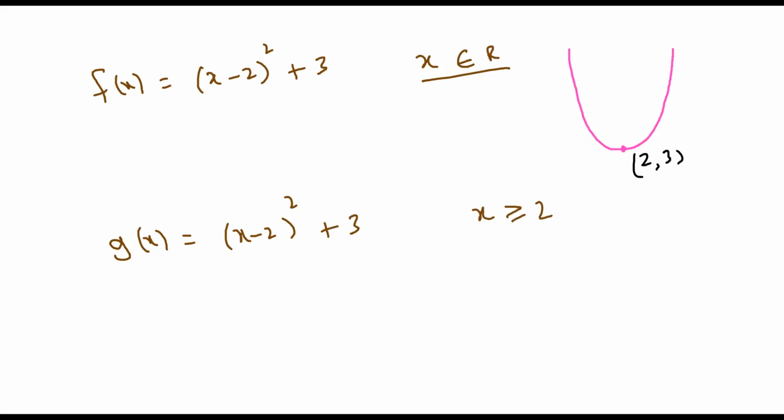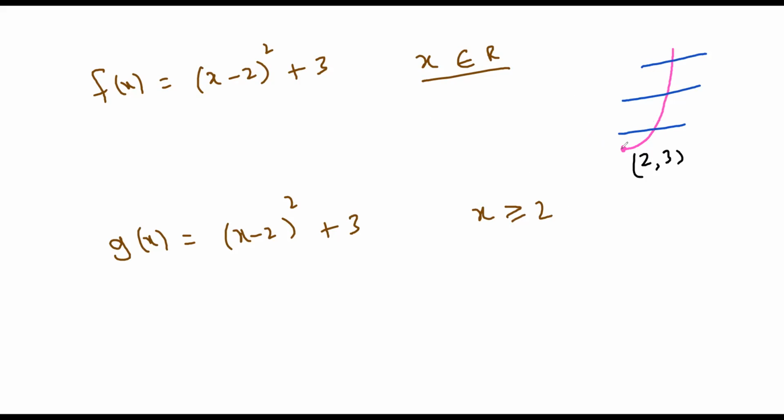Okay. So if you remove this part which is out of the domain, this is the function that we have right now with us. So this means that yes, we can have the inverse because it will pass the horizontal line test.